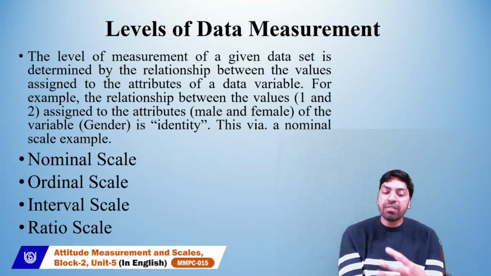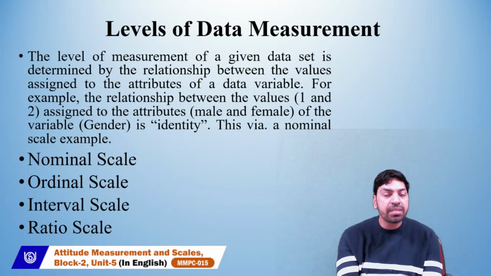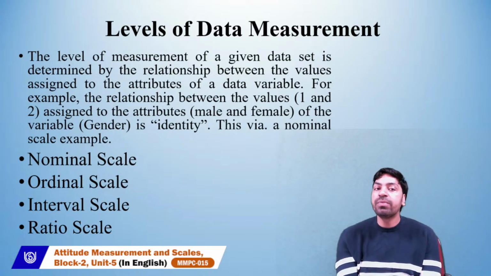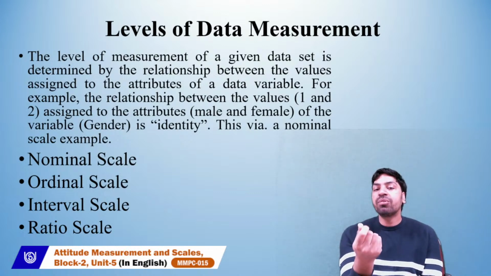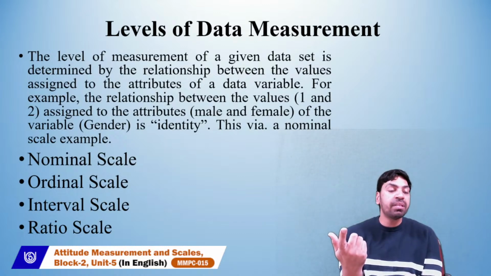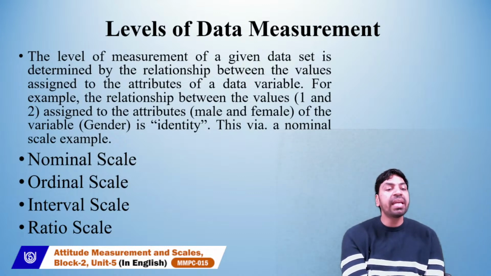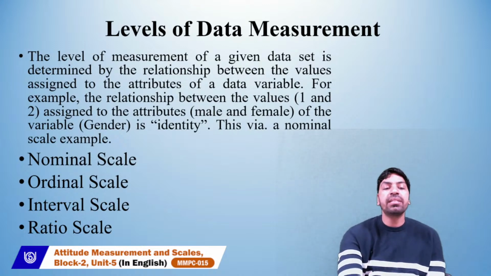If for any variable and its response set we assign numbers or values to the response options available for that variable, it becomes a nominal scale. So the levels of measurement are the nominal scale, ordinal scale, interval scale, and the ratio scale. Let's study them one by one quickly.